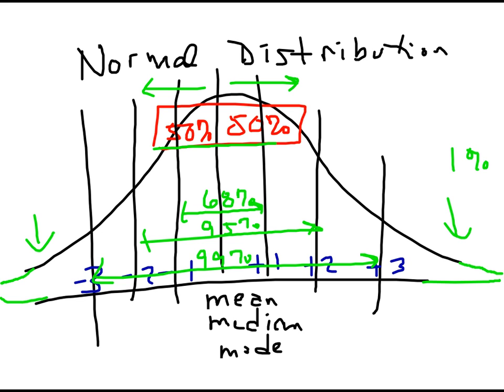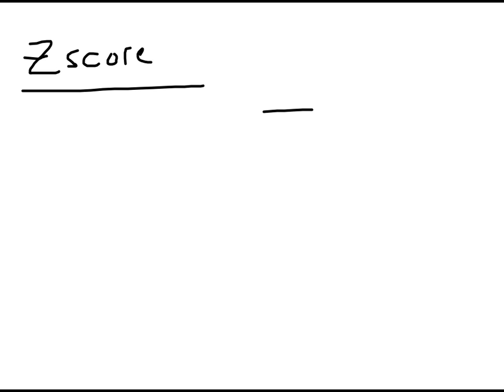When we're working with a normal distribution, we create something called a z-score. And a z-score is just a way to standardize a distribution so that we end up with that normal distribution and with the mean, median, and mode.